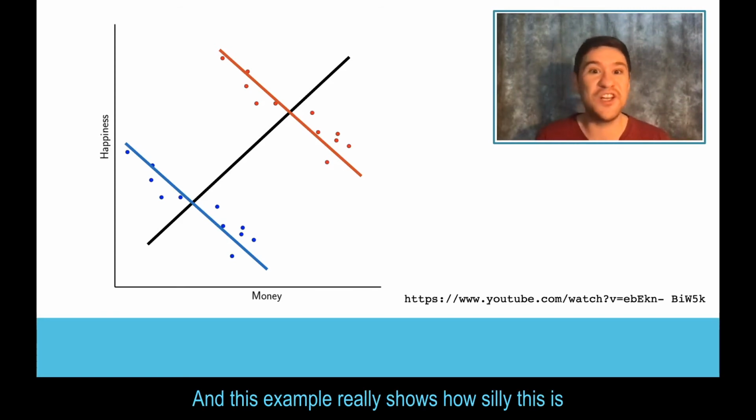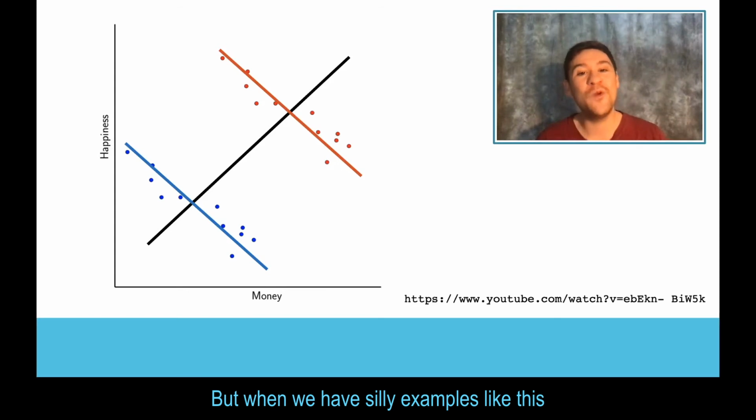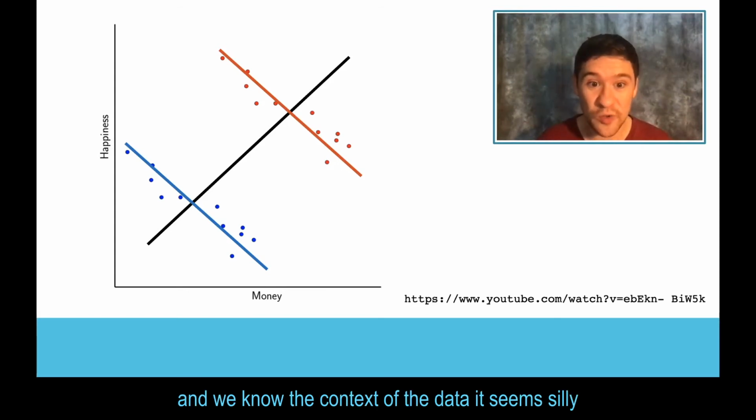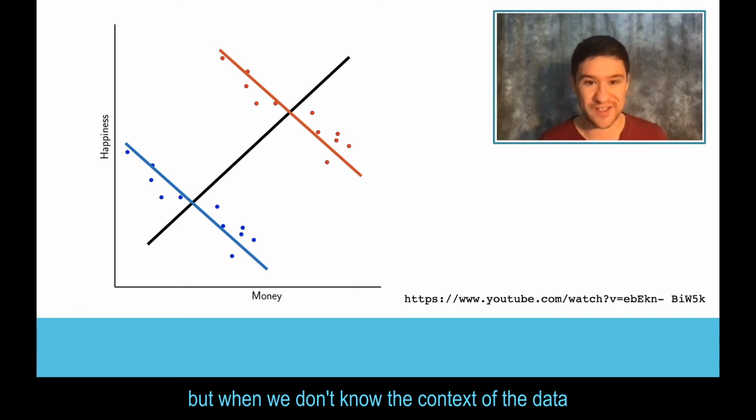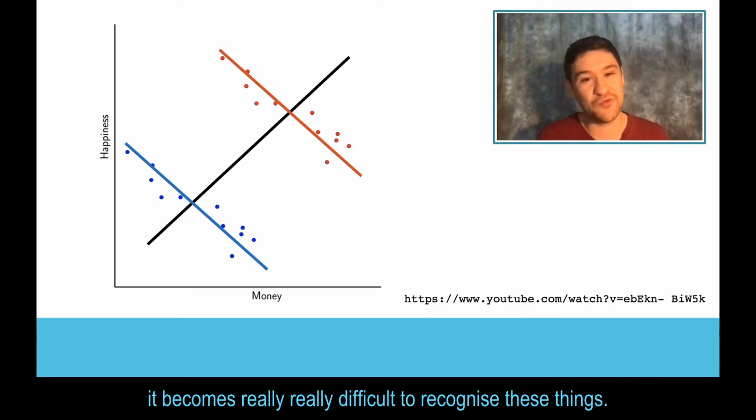This example really shows how silly this is. It shows that the more money you have, you turn into a cat. But when we have silly examples like this and we know the context of the data, it seems silly. When we don't know the context of the data, and the only context we know is what we are plotting, it becomes really difficult to recognize these things.